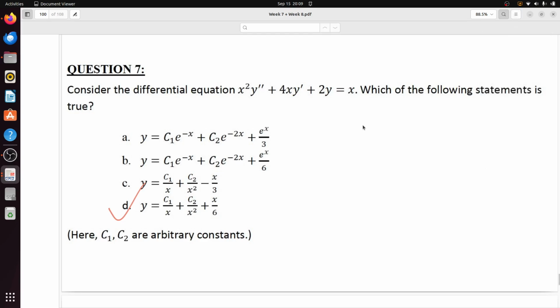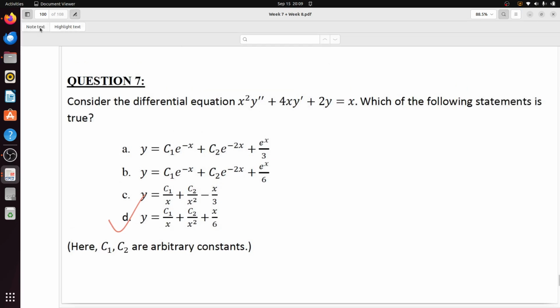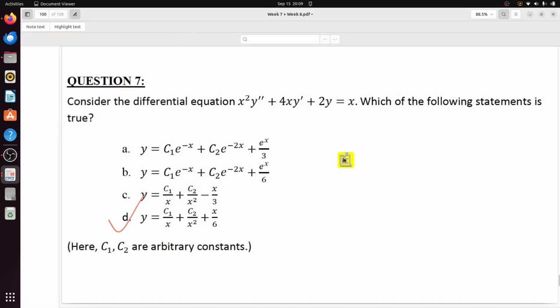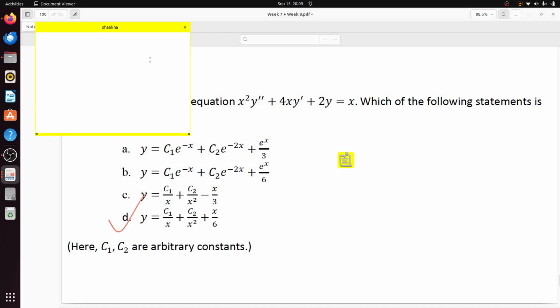I just put some step in this problem. Maybe some typos.